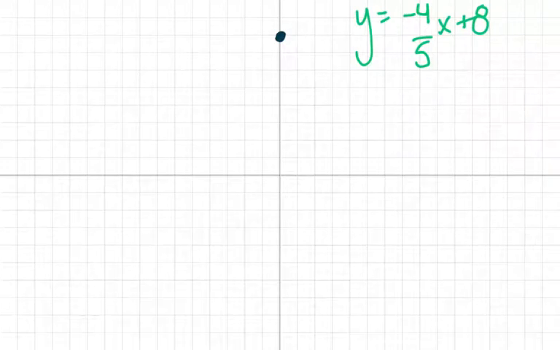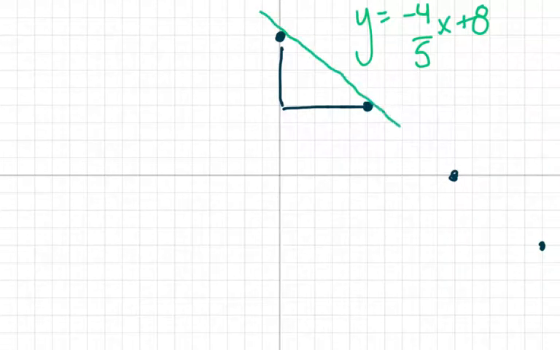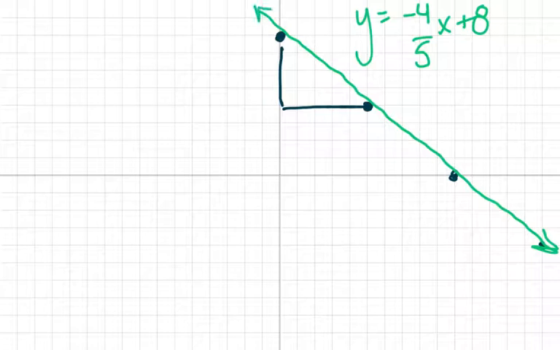And then from there I'm going to go down 4 squares over 5. So down 4 squares over 5, 1, 2, 3, 4, 5 is my next point. Down 4 over 5 is my next point. And next point. So this is the graph of the equation y equals -4/5 x plus 8.